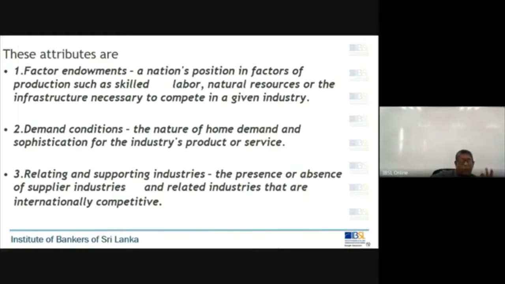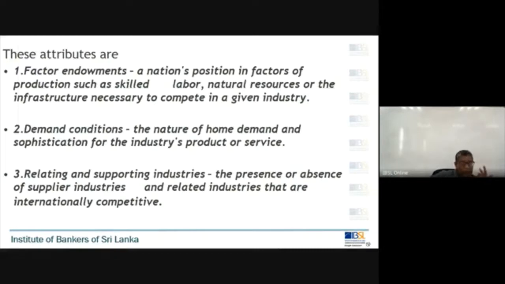And also the related and supporting industries. Right? So how do we become internationally competitive if our supporting industry is not good? Our supply industry is not good. We need good raw materials to build garments.